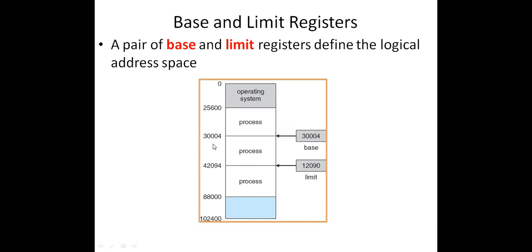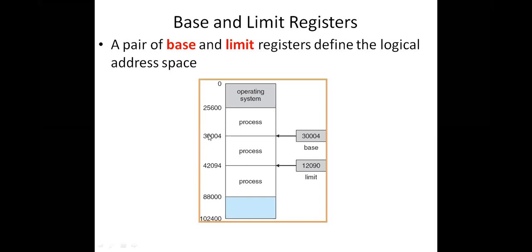This is the size of the process. For example, if the values are 1000 and 1500, what are the base address and the limit values? Tell me.